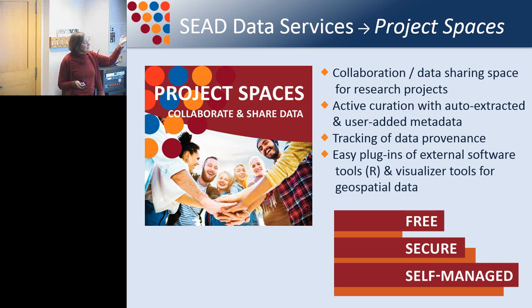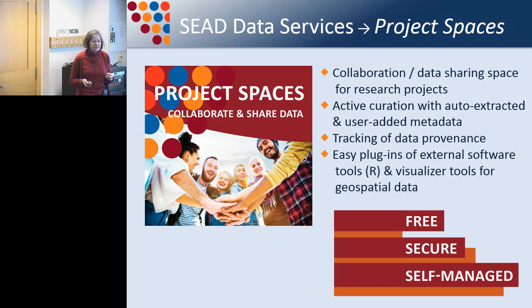And that's what the active curation is. Not only do we extract as much metadata as we can find about a file, so things like its type, when it was created, how big it is, what format it's in, and in some cases, more content-specific metadata, we also make it easy for people using the data to add metadata, to comment on files and data, and we continually accumulate that additional metadata and insights about the data as the scientists are working with it.